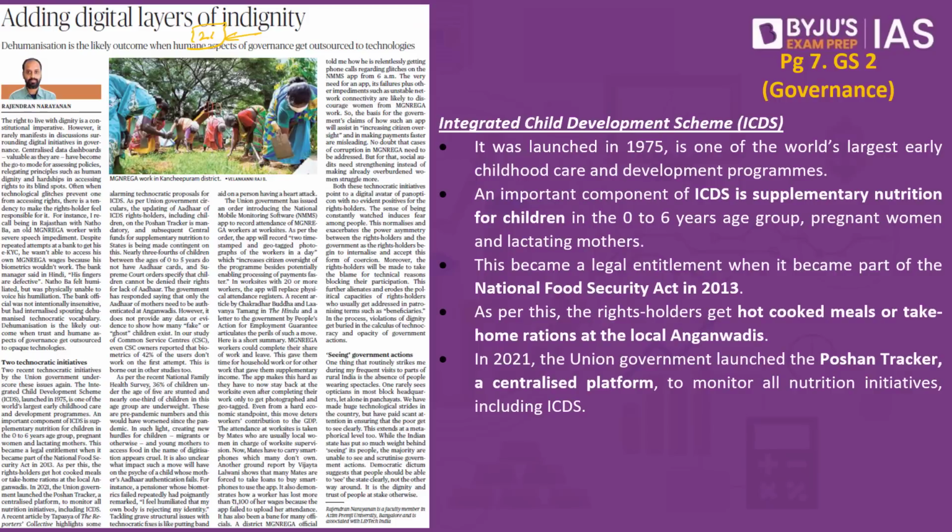live with dignity. So this article currently goes on to say that the government has come up with a number of technological innovations. These technological innovations that the government has come up with ultimately wanted to remove the ghost accounts and also wanted to filter out those who actually deserved and who did not deserve.